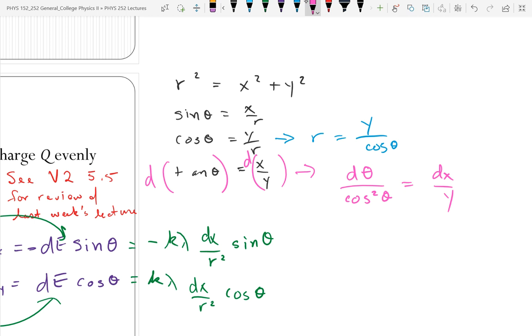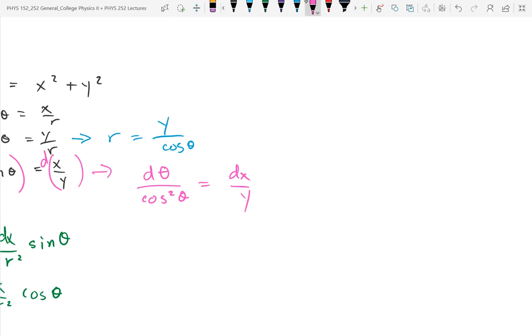So now I can say, aha, from this work, I'm going to use dx is equal to y d theta over cosine squared theta. And I'm going to use r squared is equal to y squared over cosine squared theta.